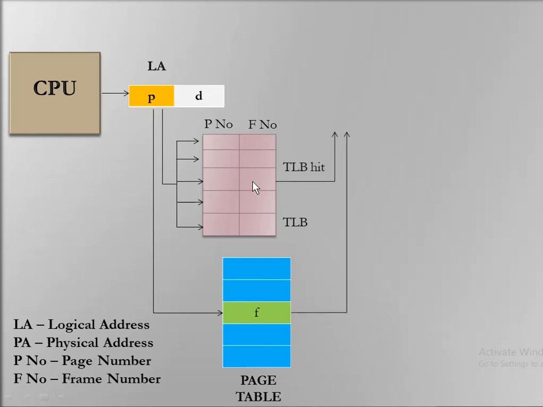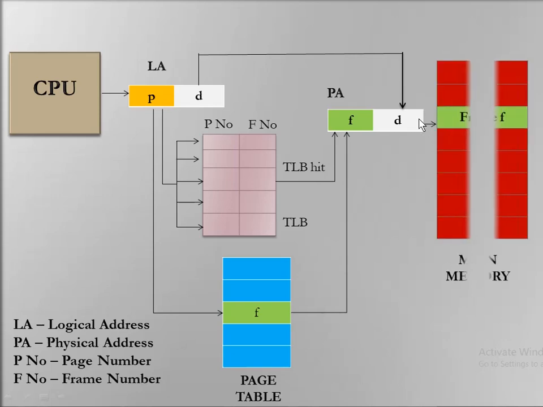If it is present, it is called a TLB hit, and you can directly construct the physical address. You add this frame number with the page offset and you can identify the frame here, right?